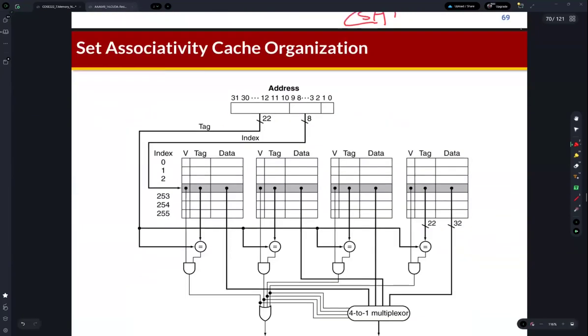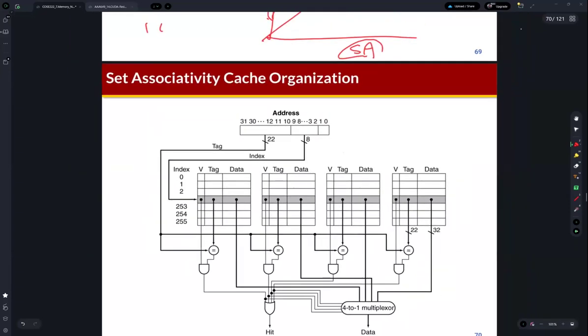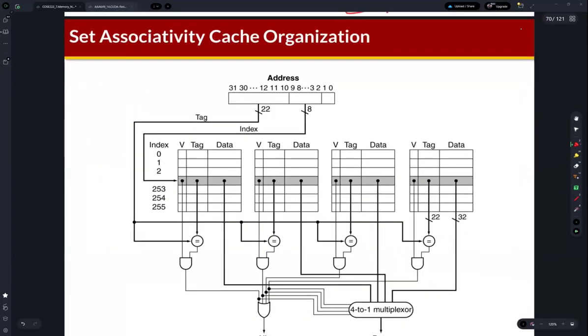So this is an example organization of a set associative cache. What is the associativity of this cache? How can we figure it out? We can just count the comparators, right? There are 4 comparators.